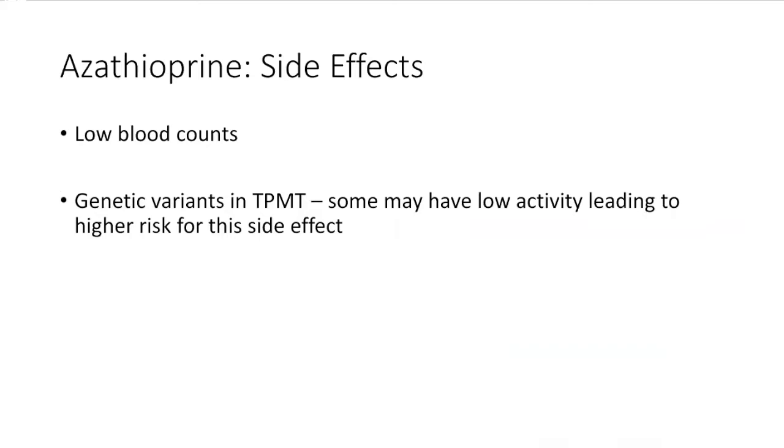Another side effect that can be seen with azathioprine is low blood cell counts. In particular, there are certain genetic variants in one of the pathways along which azathioprine works, called TPMT, such that if someone has a low activity in this TPMT, it may direct the azathioprine to work more in other pathways and lead to more of these low blood cell counts.